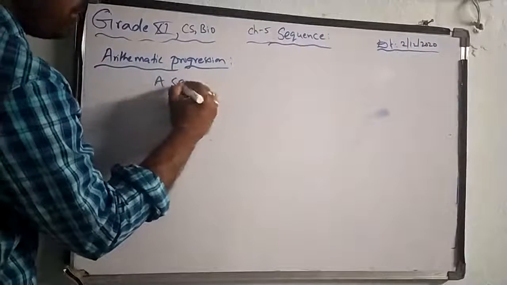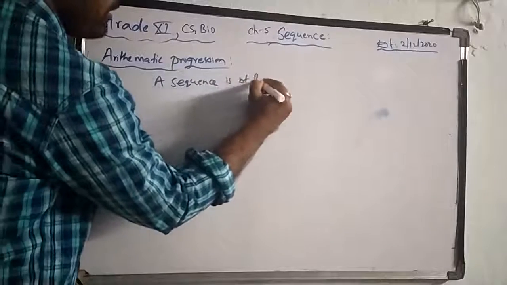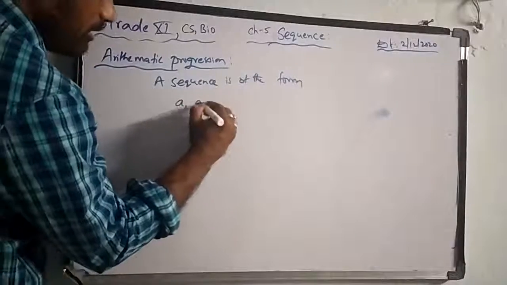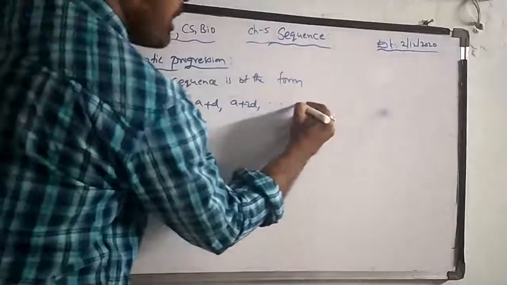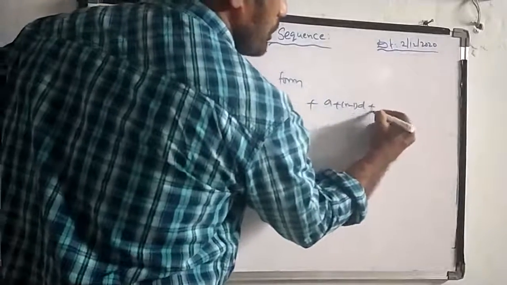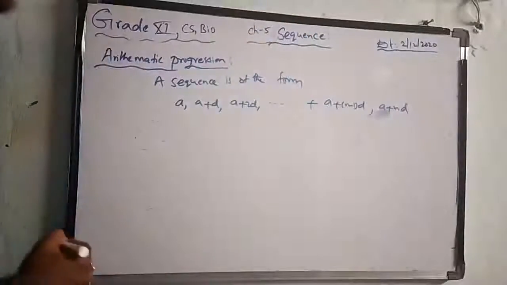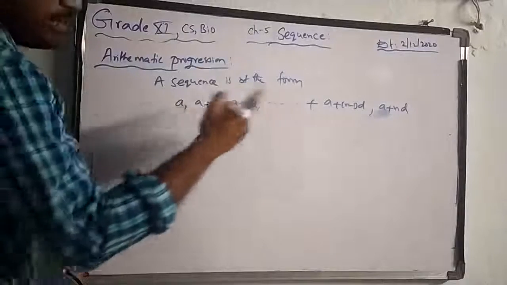A sequence of the form a, a plus d, a plus 2d, and so on, a plus (n minus 1) into d, a plus nd. This we are going to call a sequence of arithmetic progression or arithmetic sequence.